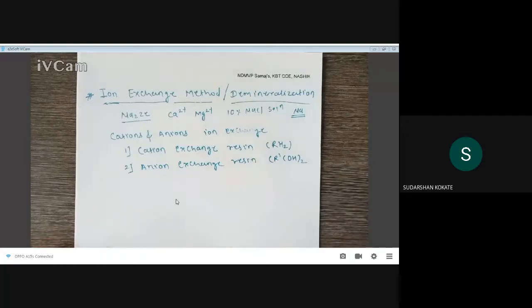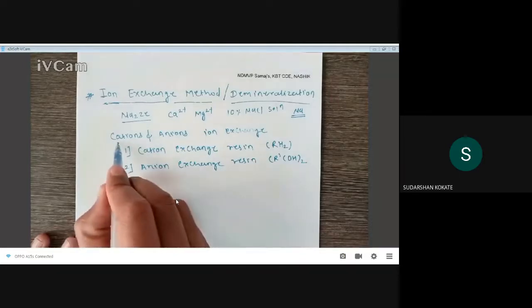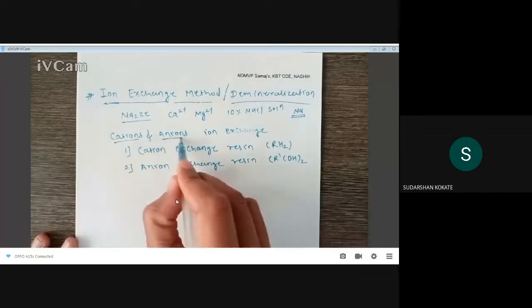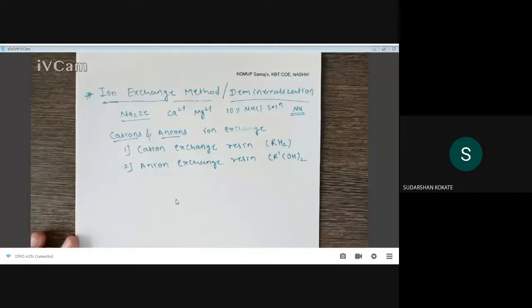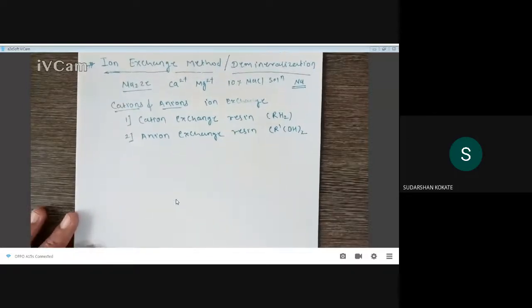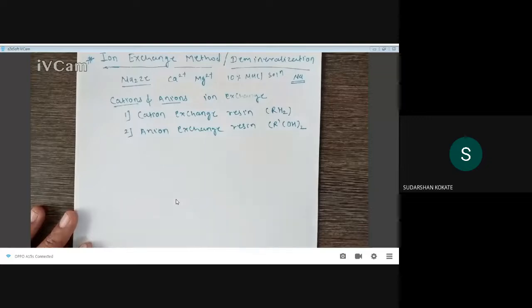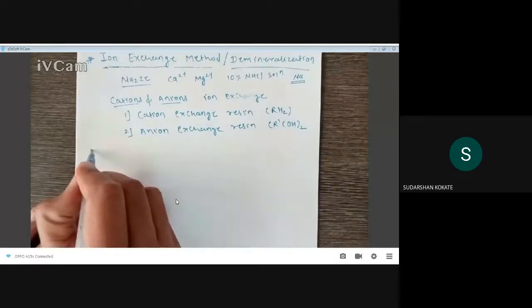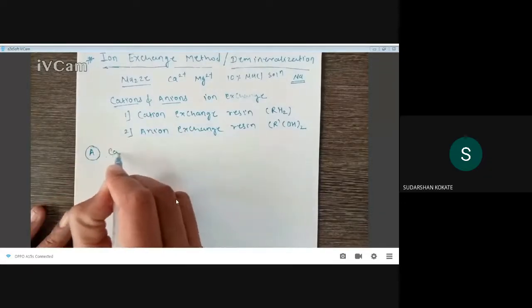So these are the two different types of synthetic resin used for removal of both types of ion, that is cations as well as anions. Now we will see the first one, that is cation exchanger resin.